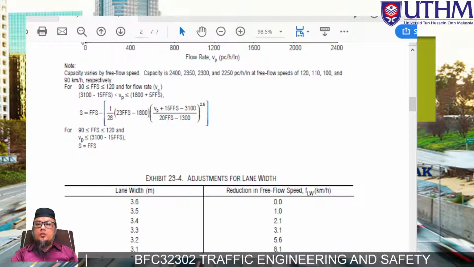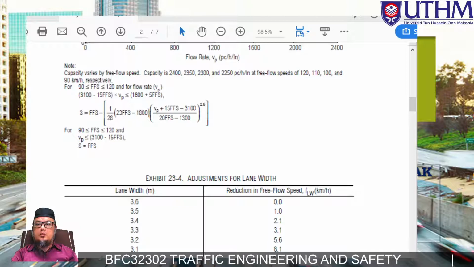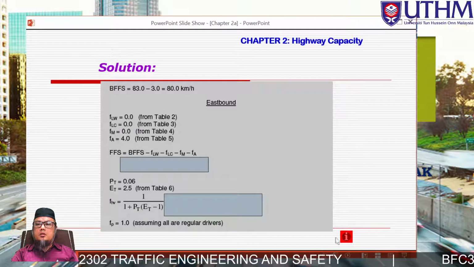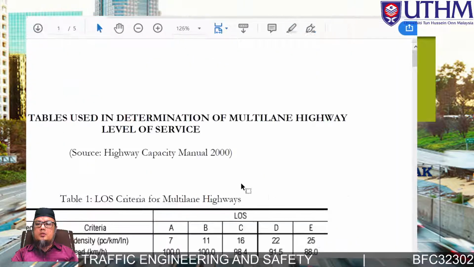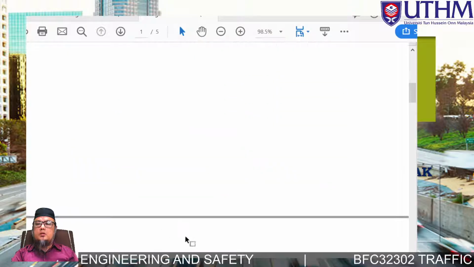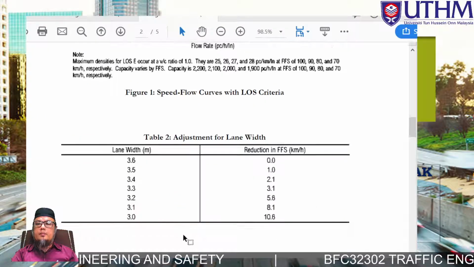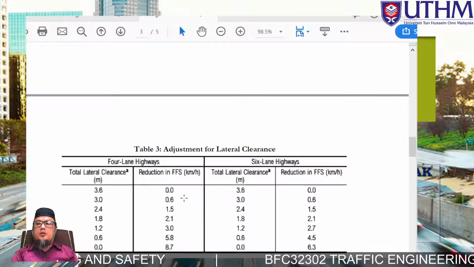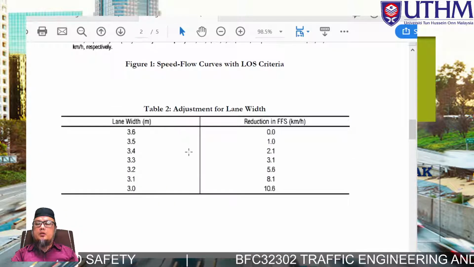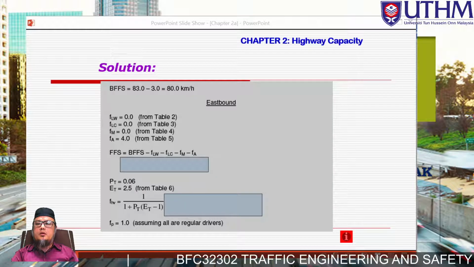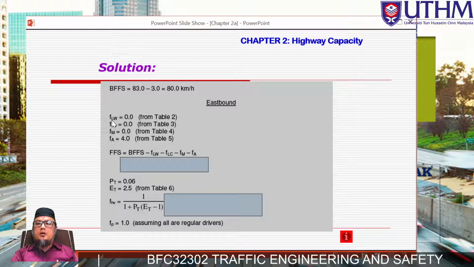Oh, this one is different. Wait, I move to this reference. Okay, sorry, that one is the wrong reference. That one is for freeway segment. Okay, let's go back to this one.